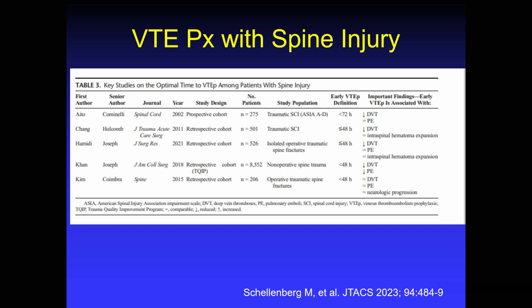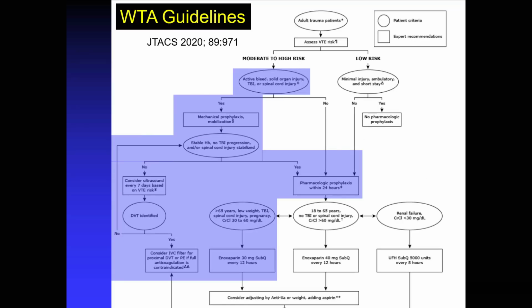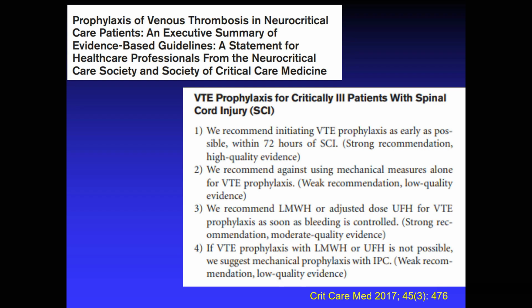Having said that, the predominance of current studies favor initiation of VTE prophylaxis within 48 to 72 hours, and this is reflected by both the AAST and the WTA guidelines, as well as the neurocritical care recommendations supporting initiation typically within 48 to 72 hours in the absence of contraindications.